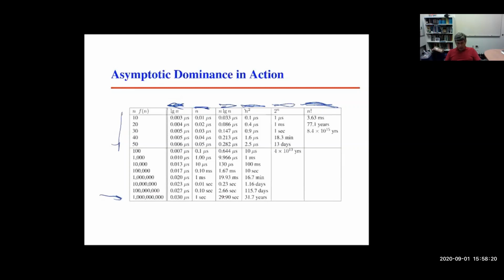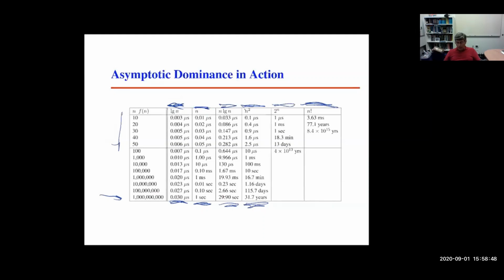The logarithmic time algorithm doesn't break a sweat even for a billion. You can maybe live with a linear time algorithm on a billion. If you're willing to be patient, an n log n algorithm takes half a minute. That's not so bad. But with an n squared algorithm, a quadratic algorithm, you're already talking about years.